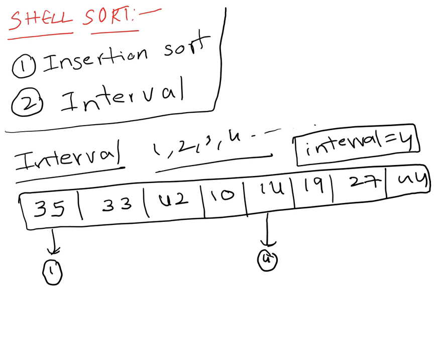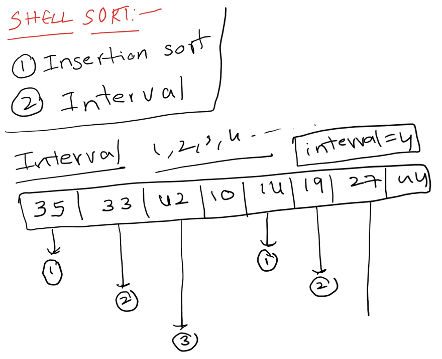Next, assume that these two are the same. Put as 1, 1. Interval is 4. Put as 1, 1, same. Now I am taking this as 2 and 19 as 2. This as 3, this as 3.